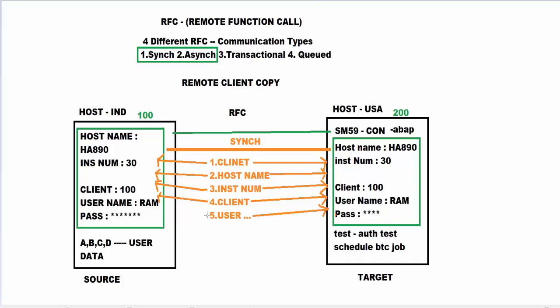For that it will get the acknowledgement, yes, everything is fine with the username and password. In which method is it verifying these details? All these details will be verified in the synchronous communication type.